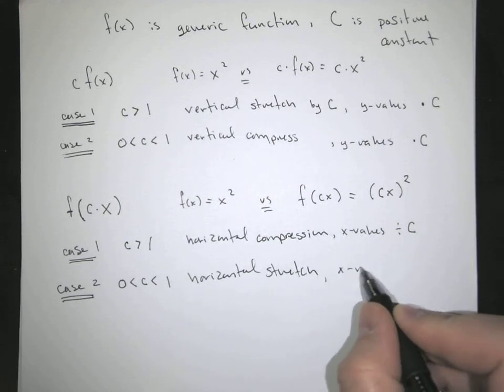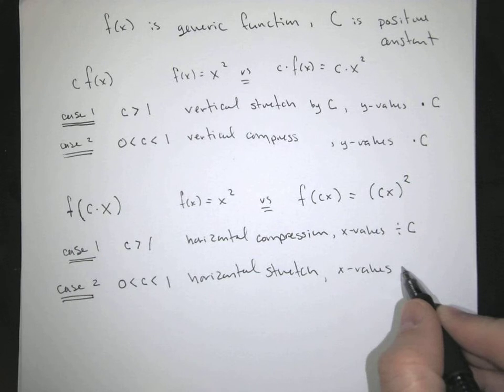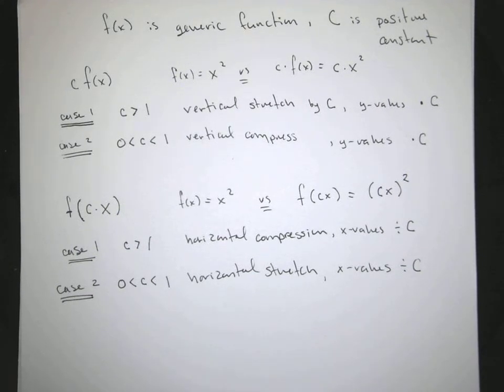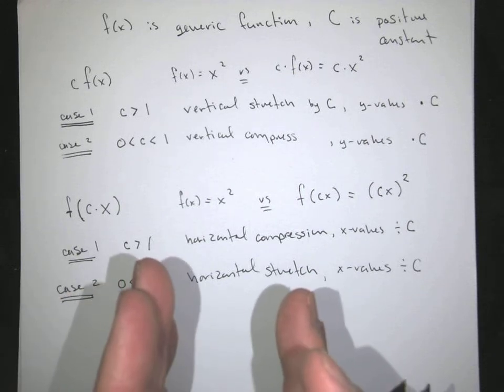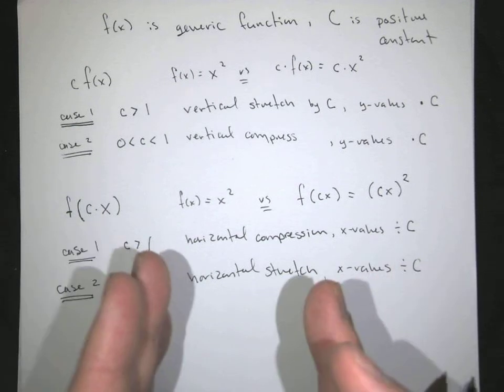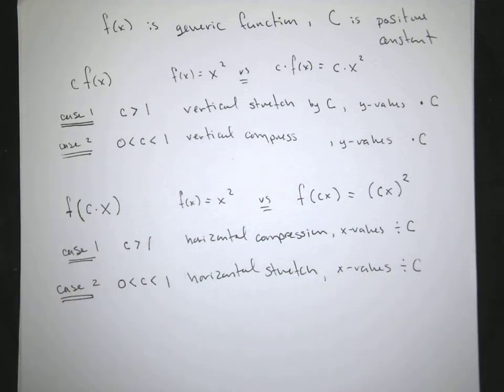It's the same kind of math: x values divided by c. If I divide by 1/2, I'm really flipping and multiplying by 2. If I divide by some fraction less than 1, the x values are going to get bigger and bigger.